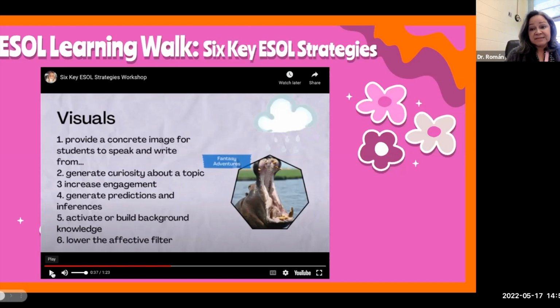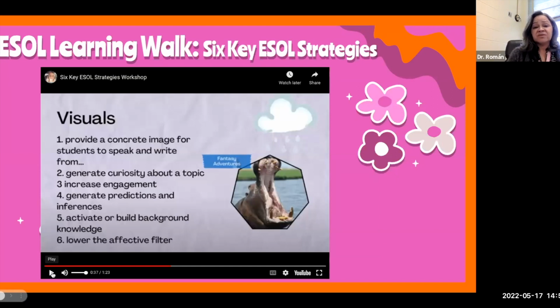We have different accents. I have a very strong Hispanic accent, but some of us have other kinds of accents. And if we can show the visuals to support what we're saying, they're going to grasp the concepts better. And the language, which is our ultimate goal.